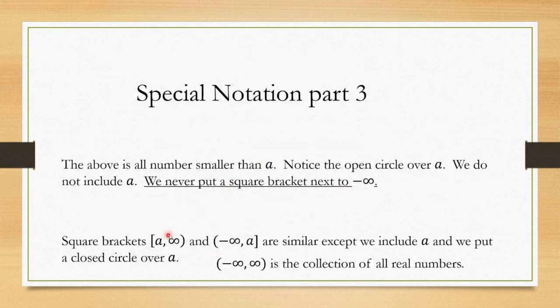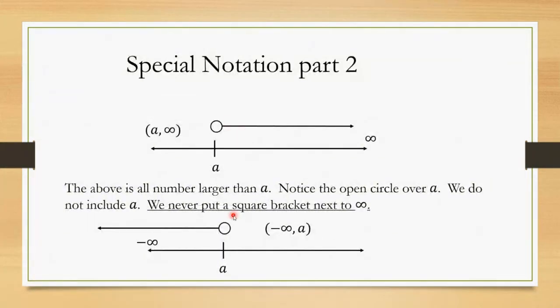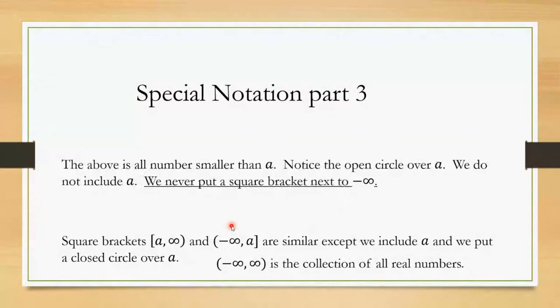As you saw in that slide, we can put these square brackets around the number a. We can include a finite number. The graphs would be the same as this, except these open circles would be filled in. They would become closed circles.